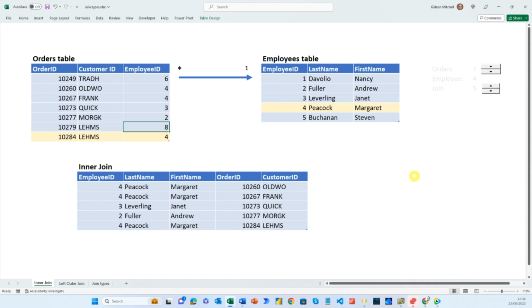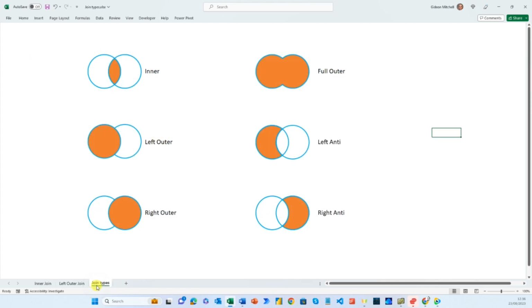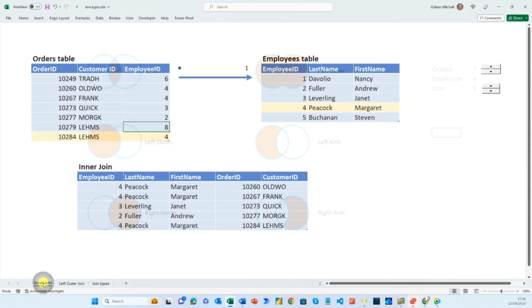So now if the question is, which are the orders which have just come from the website or the reseller, then the type of join that we need would be a left anti-join, because we want the records that come from the left table that don't match anything on the right.